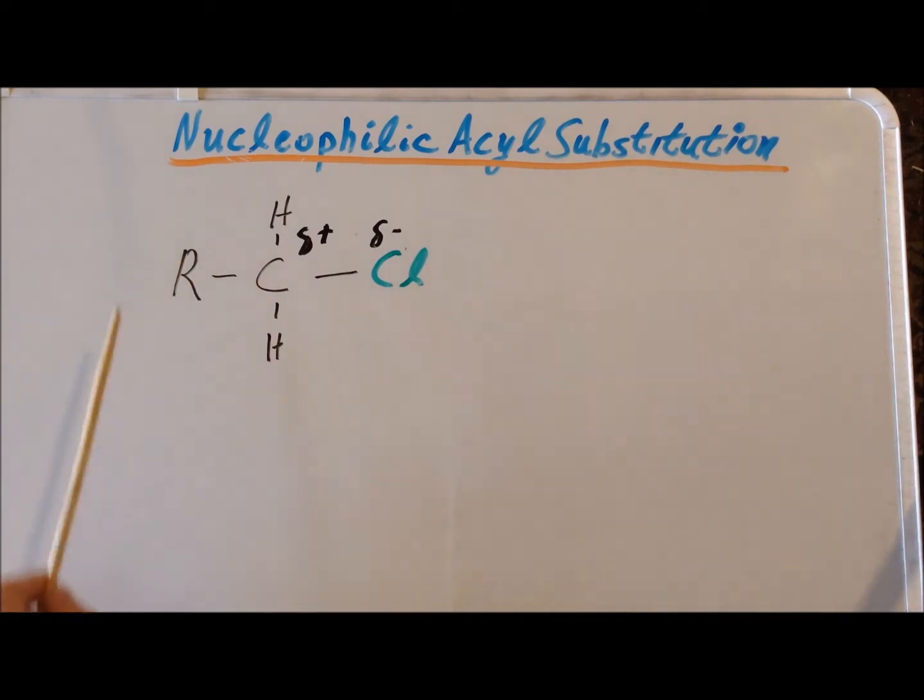So we can understand the basics of the reactivity of a chloroalkane or any haloalkane just based on knowing the electronegativities of the elements involved, and the fact that when we have a bond between two elements that are widely different in electronegativity, the bond is polarized, and the carbon in this case will end up becoming electron deficient and therefore subject to nucleophilic attack by a nucleophile.